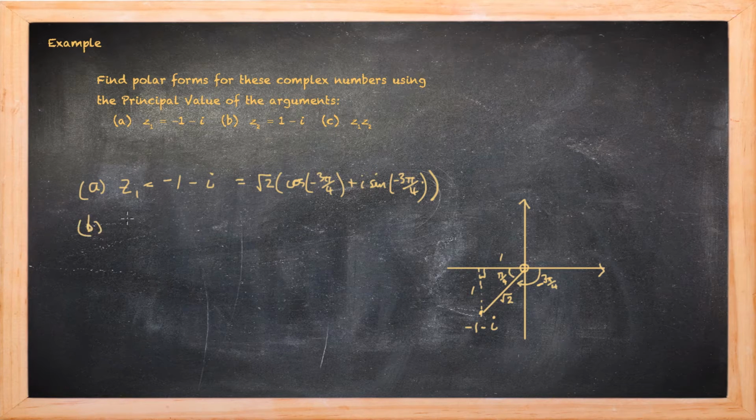Let's now tackle part B. This is Z2, which is 1 minus i. Let's locate that, and again construct a right-angled triangle. You can see immediately that the principal value of the argument is -pi upon 4.